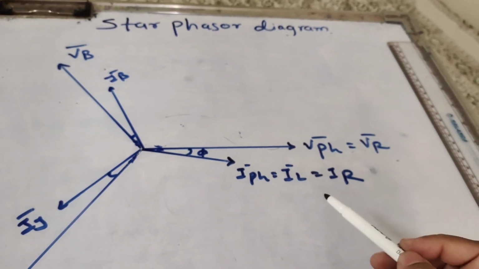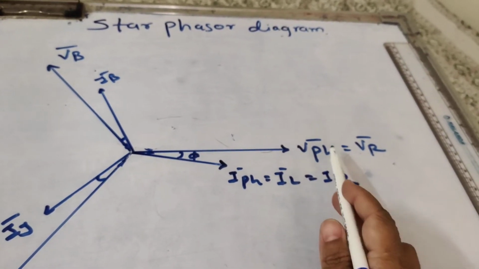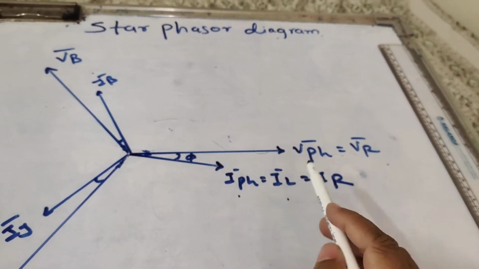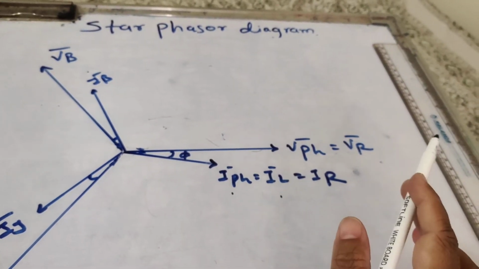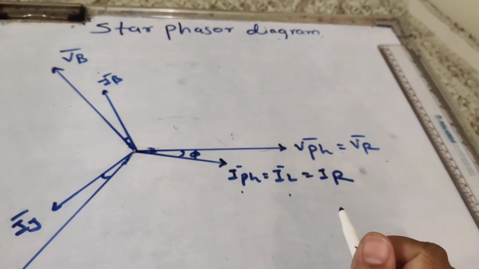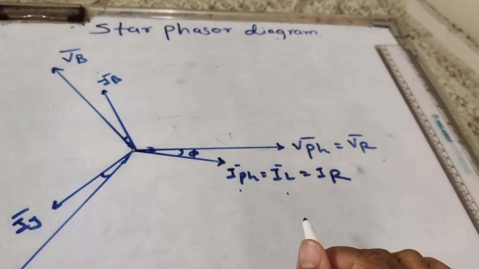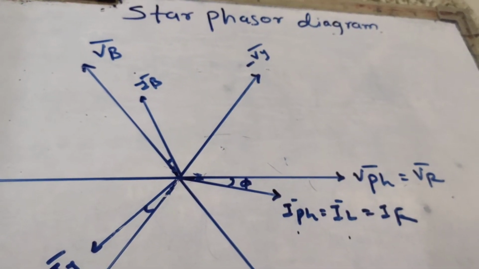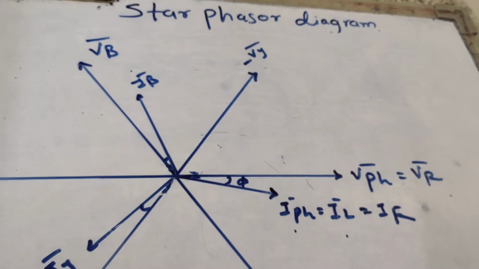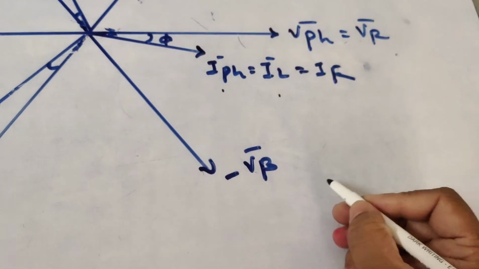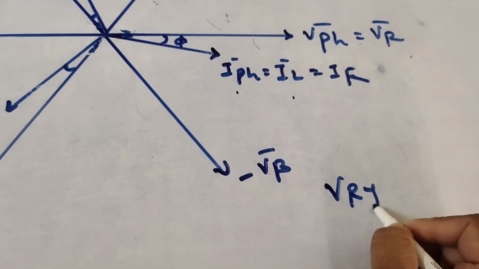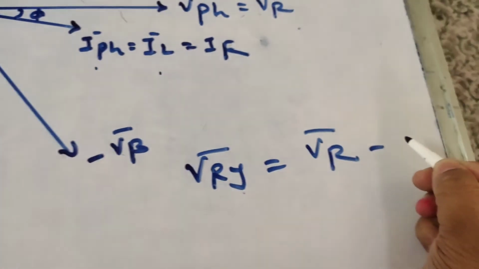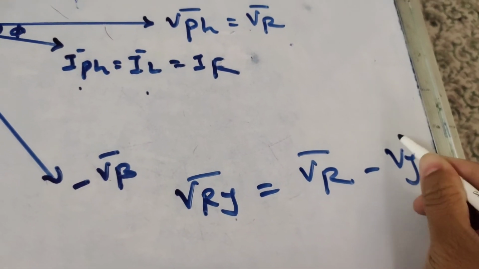Now in the phasor diagram we have shown phase voltage, phase current and line current. Now only the line voltage is remaining, that we have to draw. To draw the line voltage, as we know the relation, VRY bar is equal to VR bar minus VY bar.